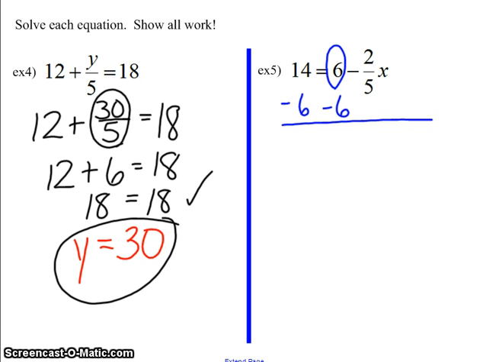Okay? And this is one of the few instances where subtraction is a little misleading because the subtraction is actually connected to the fraction. So 6 minus 6 cancels out. 14 minus 6 gives us an 8. My minus sign, because there is no number in front of it now, it's really going to be treated as a negative sign.